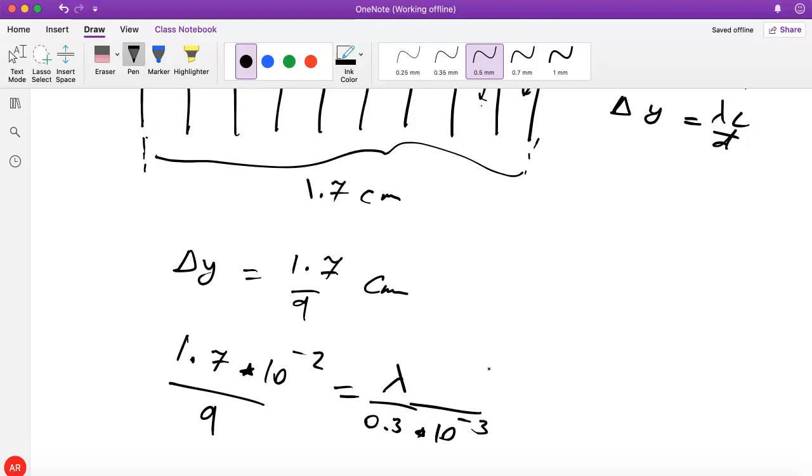And then this would give us the wavelength in meters. So lambda becomes 0.3 times 1.7 times 10 to the minus 5 over 9. That's in meters.